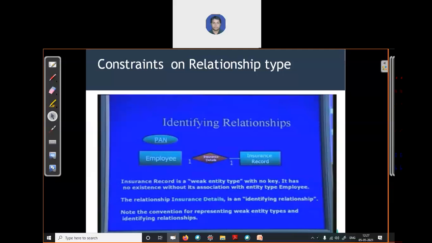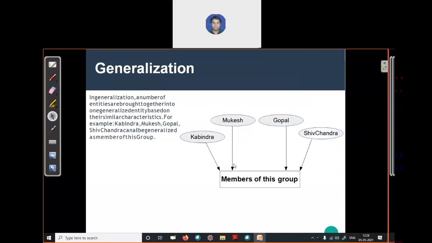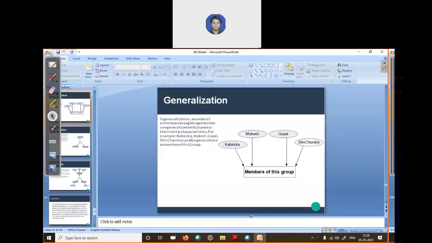This will be depicted by, if you remember, two times diamond or double line diamond. If you have any doubt till this point, you can ask.